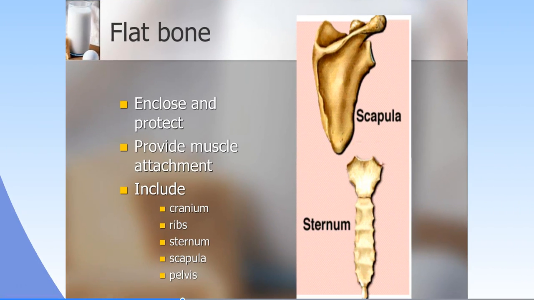Flat bones are primarily concerned with 2 things. One is protection, so they may cover areas that otherwise could be compromised from outside forces. And secondarily, they often have these bony ridges and lines on them, which allow multiple points of attachment for musculature. So the scapula is a great example of this.